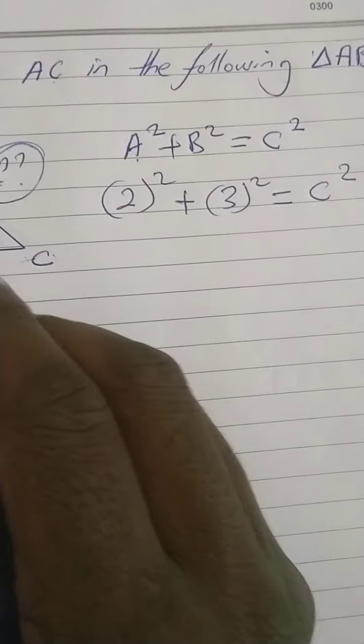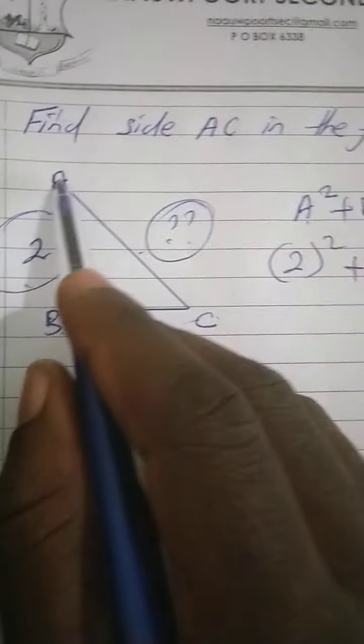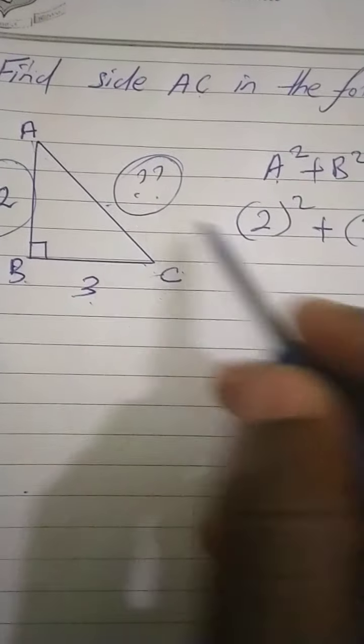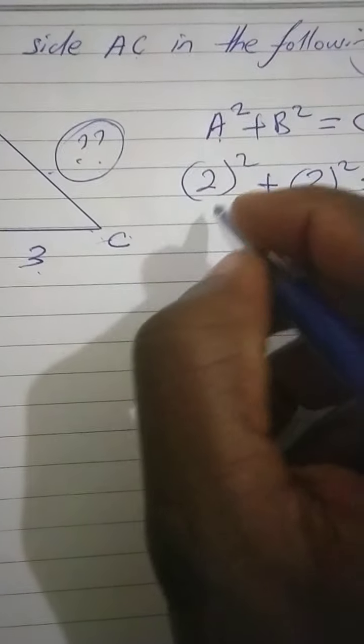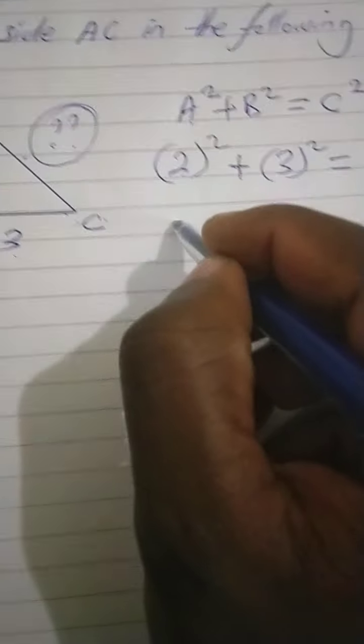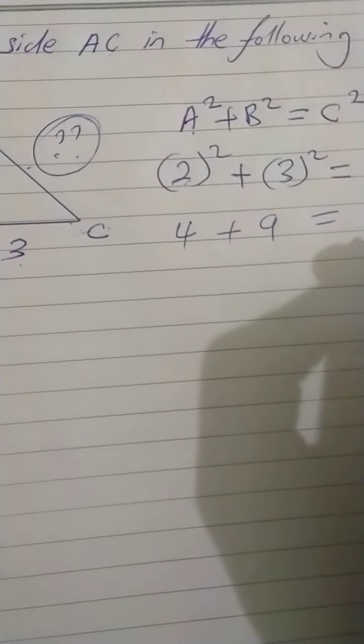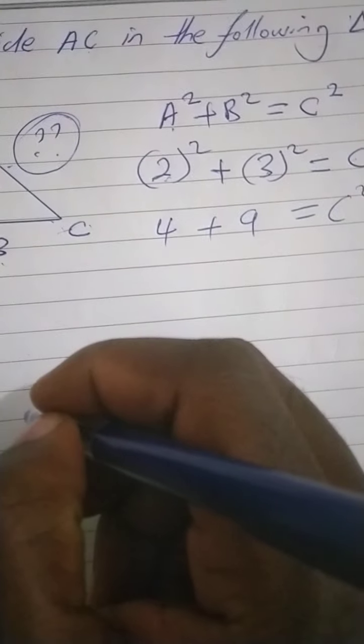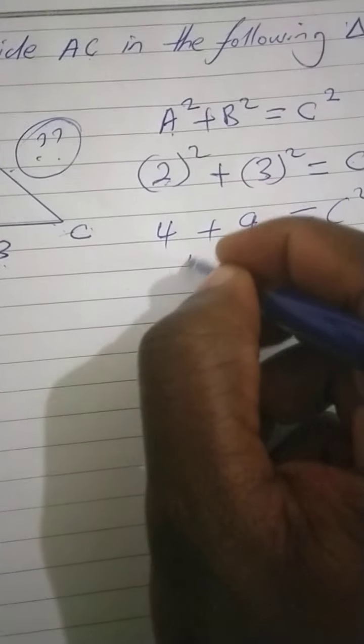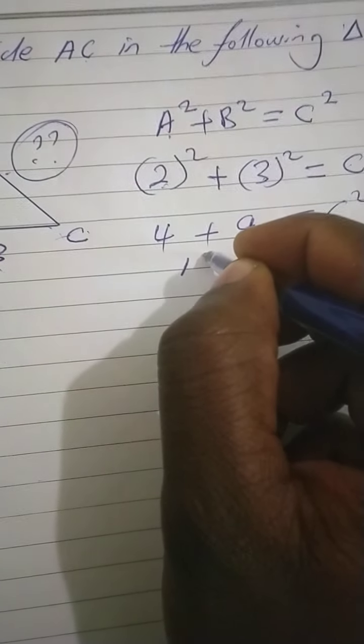So what is C? C is the same as AC, which I don't know how much it is. So 2 squared is 4 plus 9, which equals C squared.